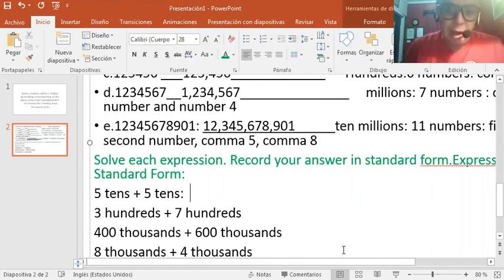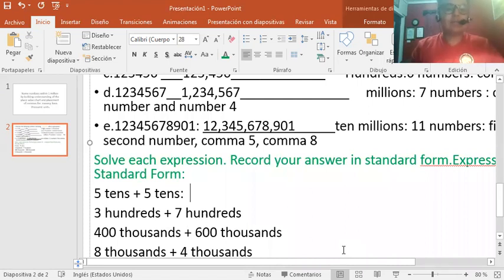When we are talking about 5/10 plus 5/10, do we know that tenths are tens: 10, 20, 30, 40, 50, 60, 70, 80, 90? Those are the tenths.